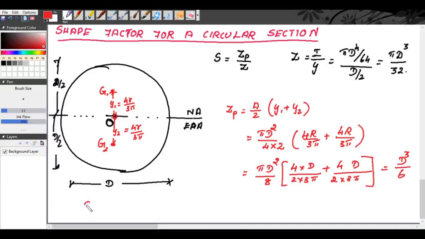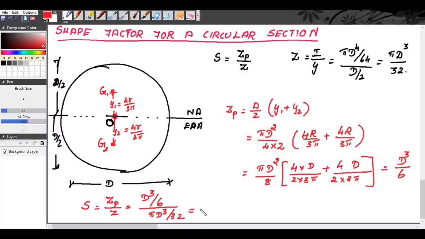Now S is equal to Zp by Z. So that is equal to d cube by 6 divided by pi d cube by 32.